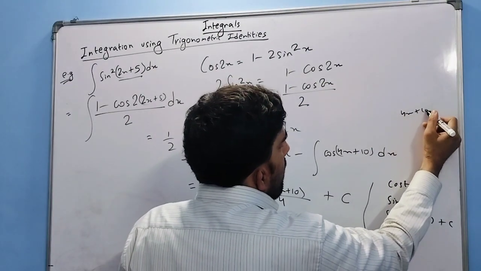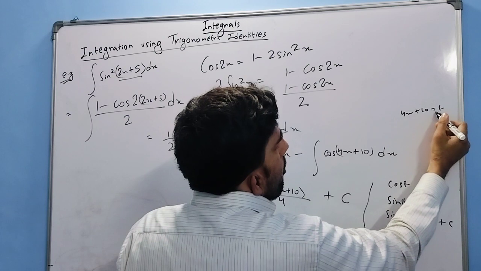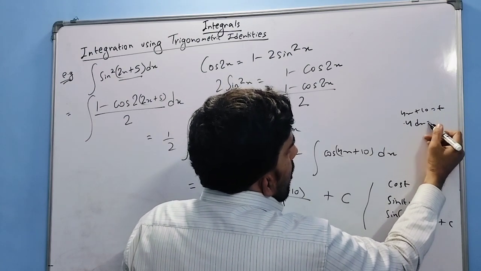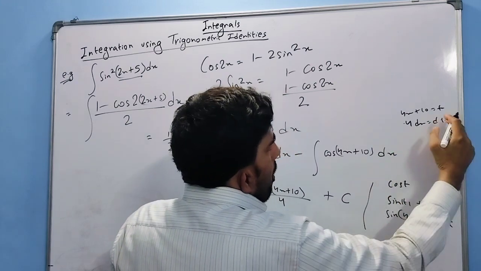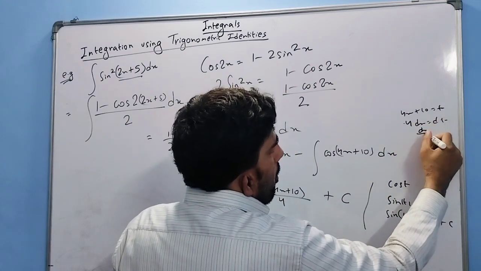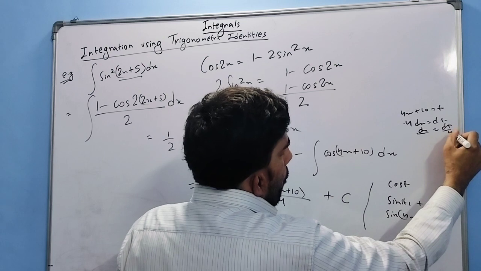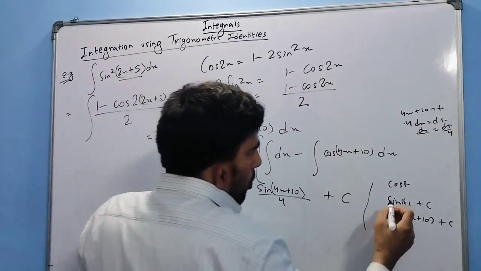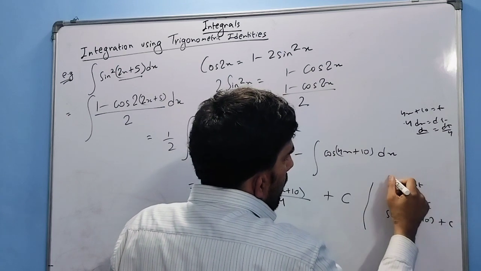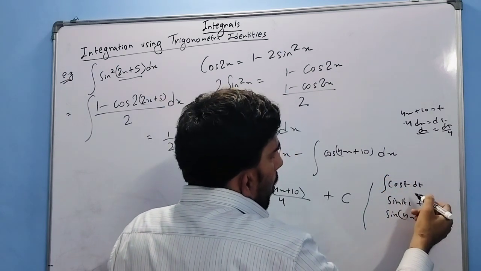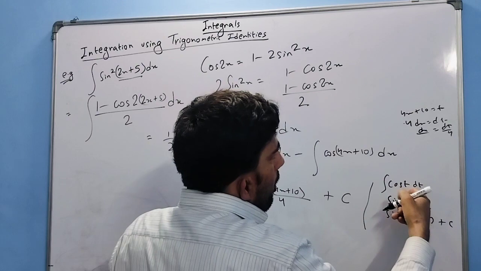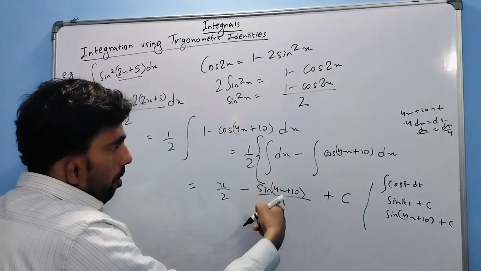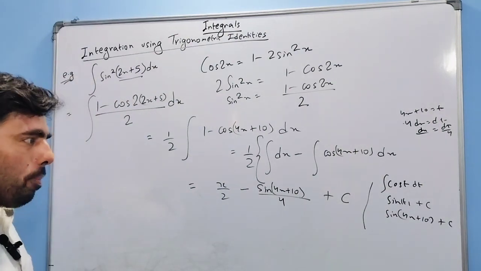Taking 4x plus 10 equal to t and differentiating with respect to x, we have 4 dx equal to dt, so dx is equal to dt upon 4. That is why I have taken 1 upon 4 here. I hope it's clear now.